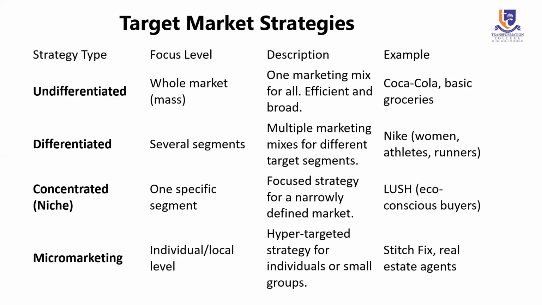And last but not least, micro marketing. Within a target, there is another sub-target. Once a man gets married and starts earning significantly, the next thing is, I need to buy my own property. To any real estate person, you're already a target.